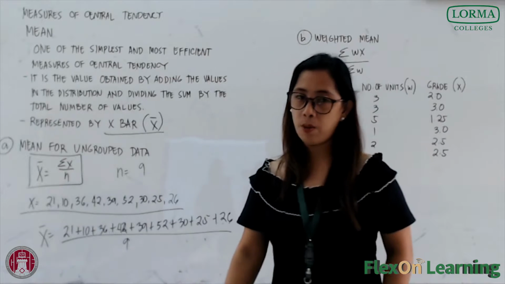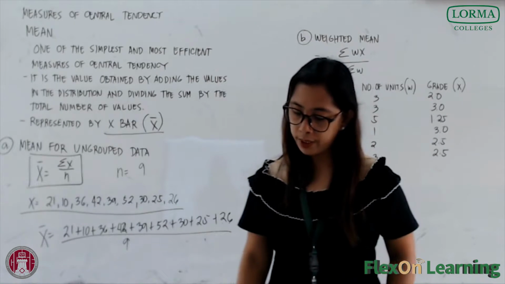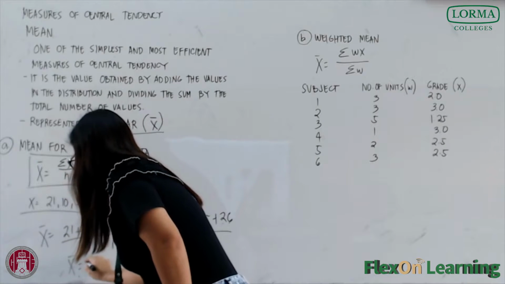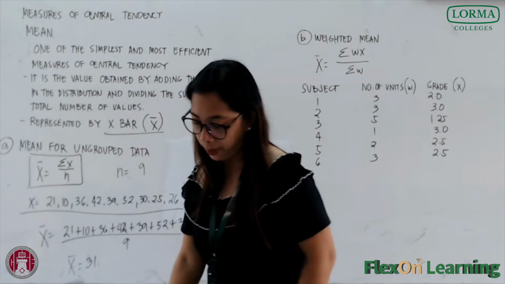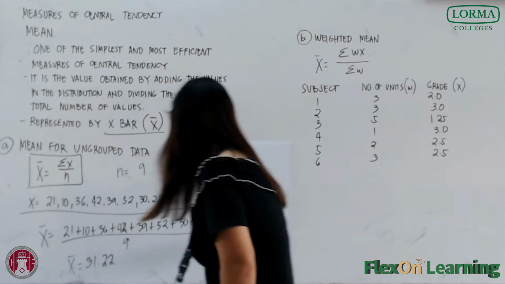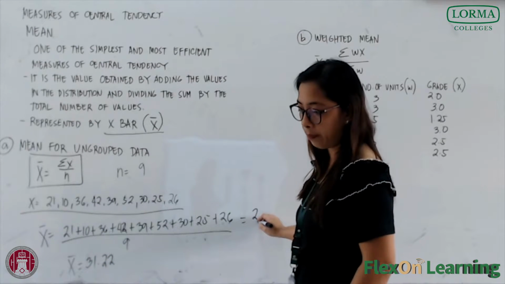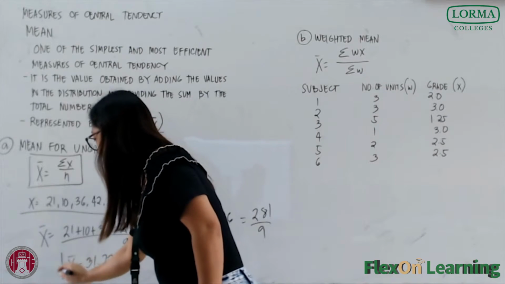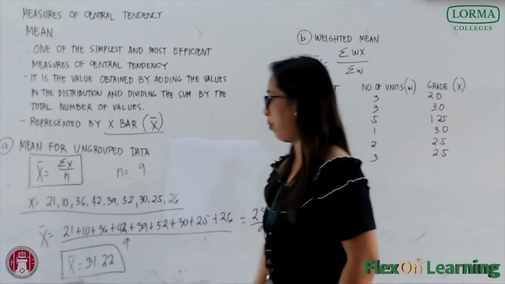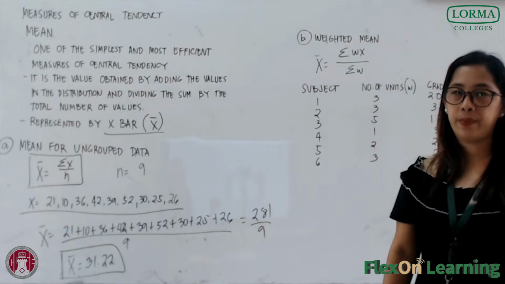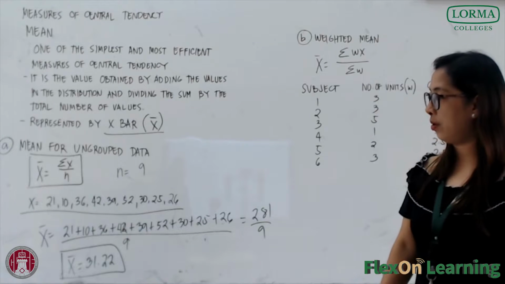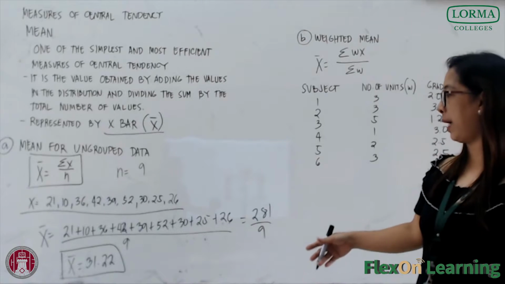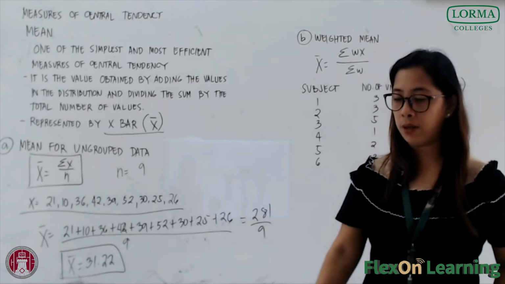So, in getting the mean for our ungrouped data, the mean would be equal to 31.22, because it is equal to 281 divided by 9. Okay? So, just add and then get the summation of X divided by the number of your values.